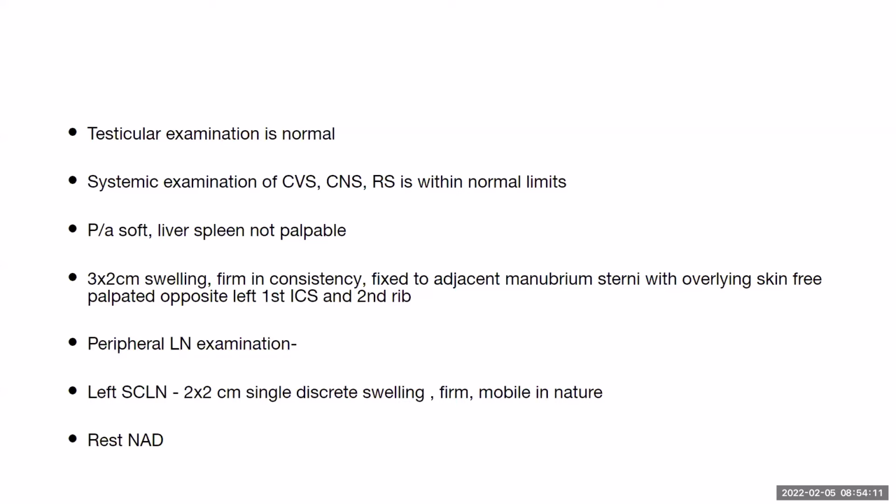On peripheral lymph node examination, a supraclavicular lymph node, 2 into 2 centimeters in size, single, discrete, firm and mobile, was noted. Rest of the nodal examination was within normal limits.